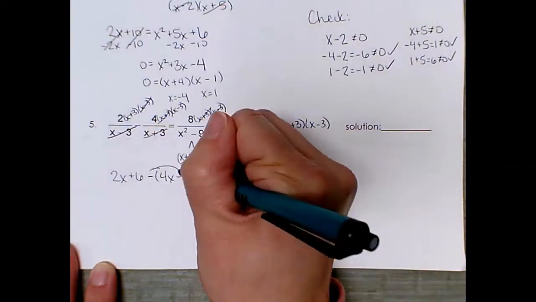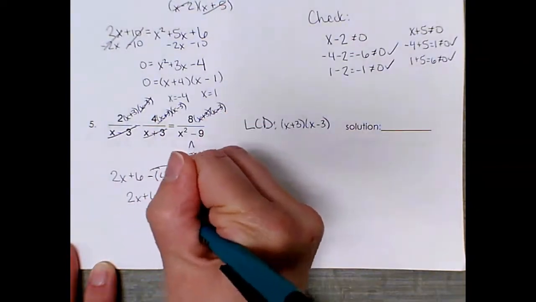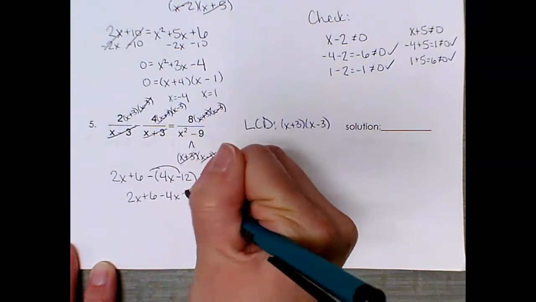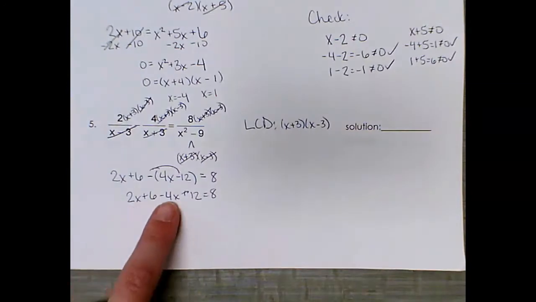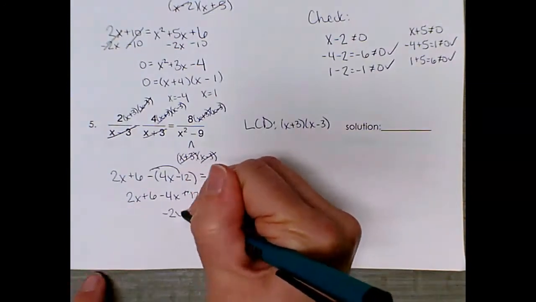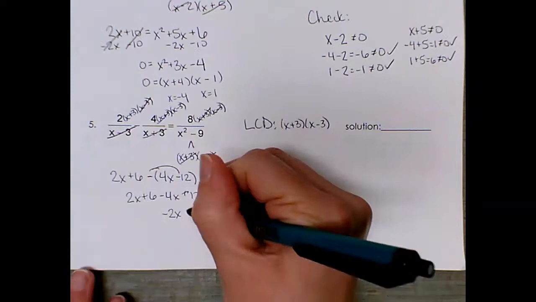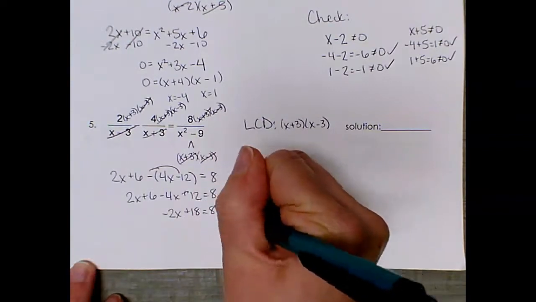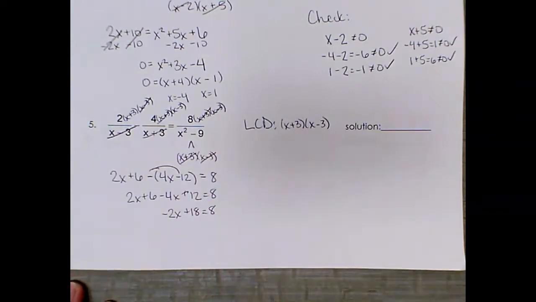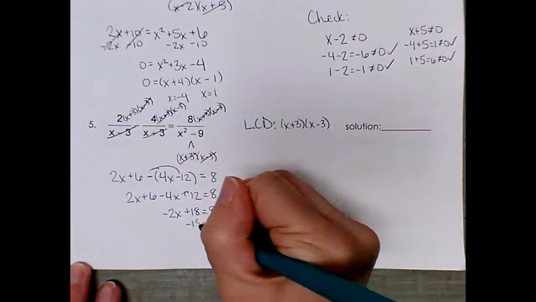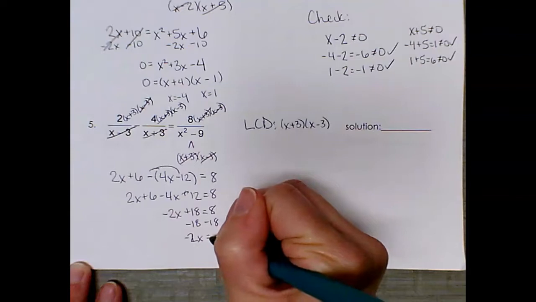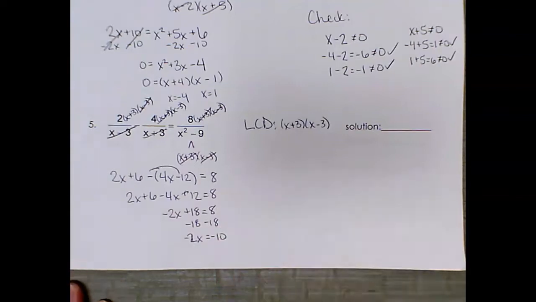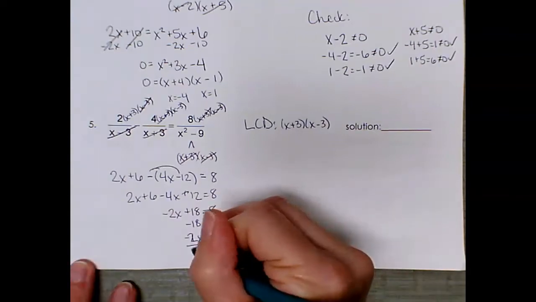So distribute your negative. Combine your like terms. Move your constant. And divide by your coefficient.